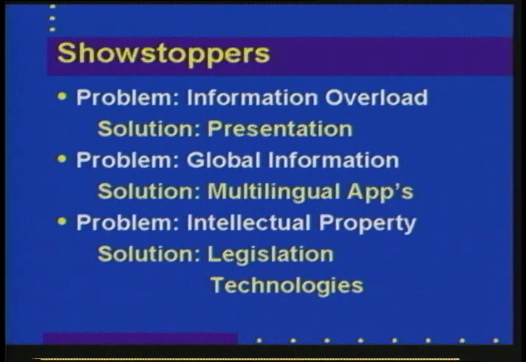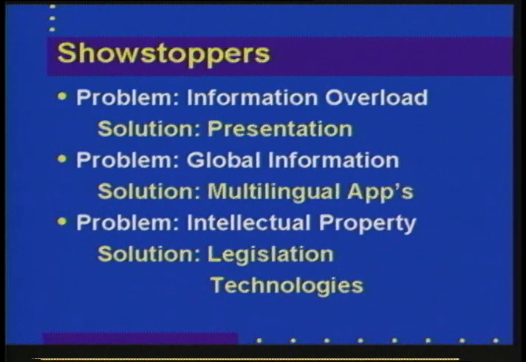Another issue that I'm not going to focus on, but I think is really critical, is the global nature of information. We need multilingual applications. We need ways to search across languages, to find and structure information across languages. So far, you put a query in English, you get back information in English. Well, what about all the rest of the languages in the world? We miss that.